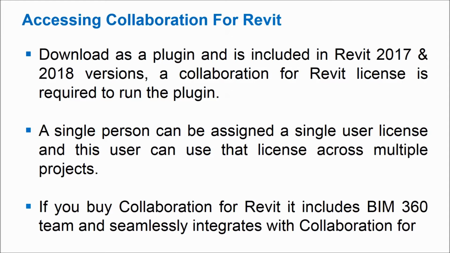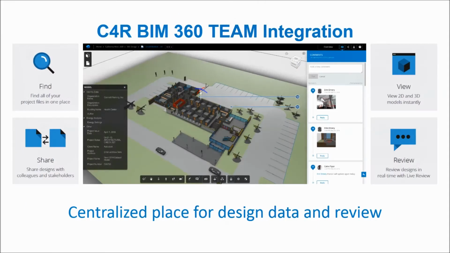So if you buy collaboration for Revit, it includes BIM 360 Team, and this seamlessly integrates with collaboration for Revit. As I've gone through in a previous webinar, I won't hang on too much time on it today, but BIM 360 Team allows you to review designs in the cloud within your browser, and to make comments and have live interaction with your design team, engaging in the design process as you're all based remotely or within the same office.